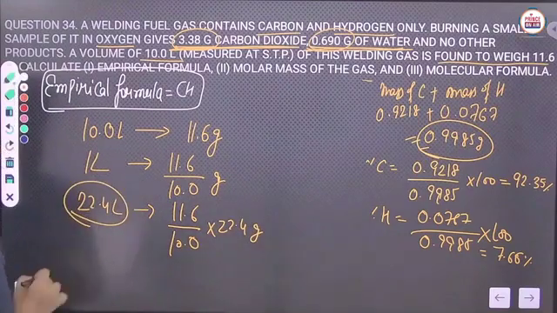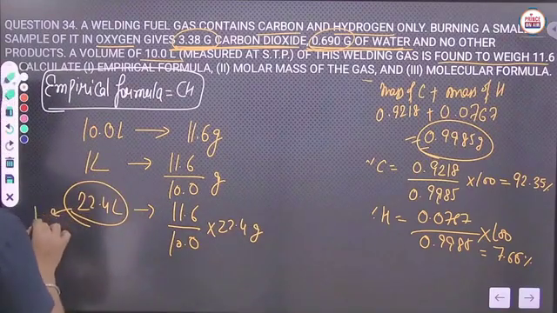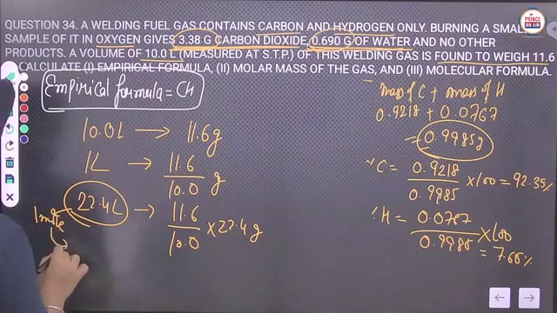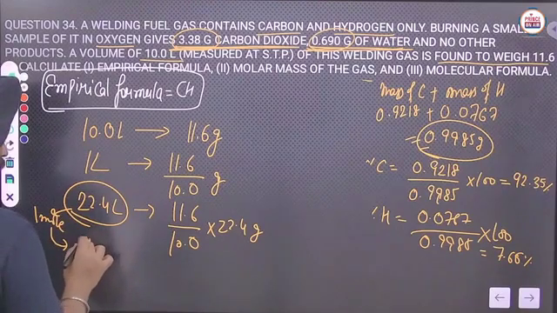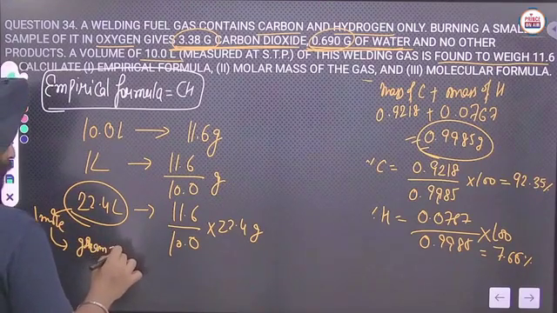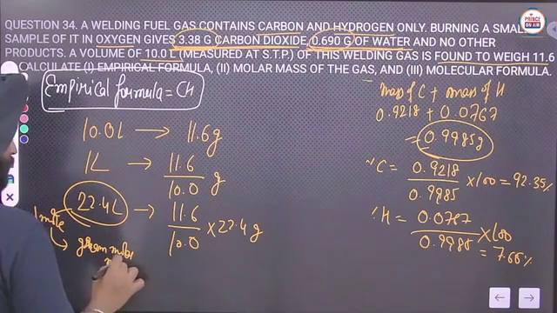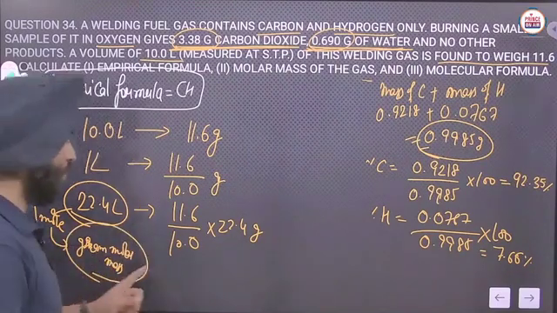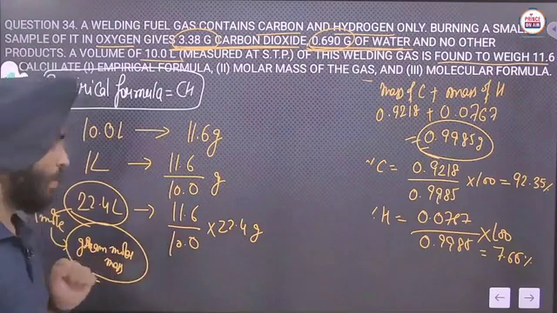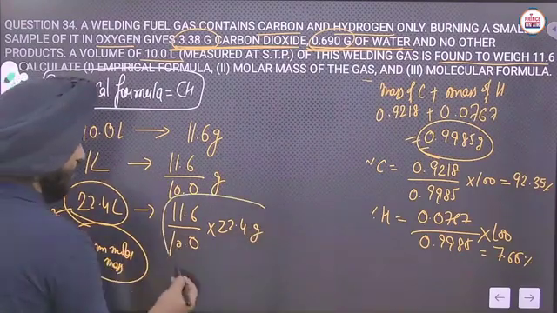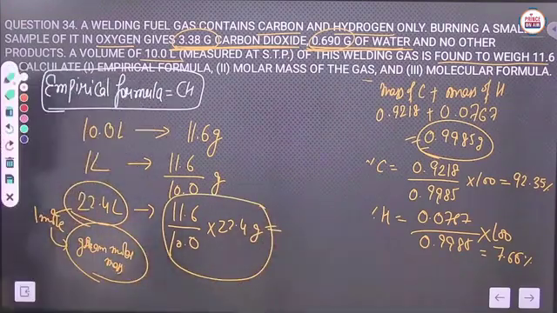That 22.4 liter is equal to 1 mole, which is equal to the gram molar mass, or you can say the molar mass. So just solve this value, you will get the molar mass of the given compound.